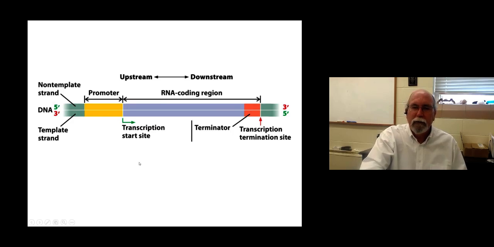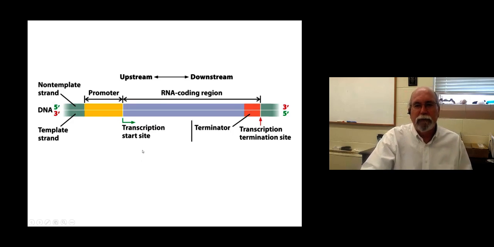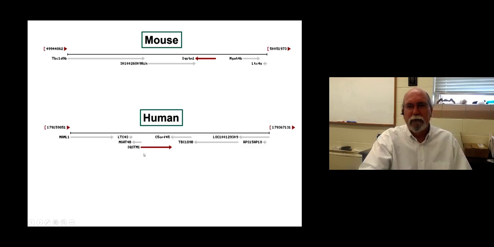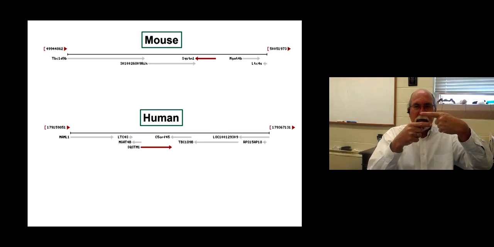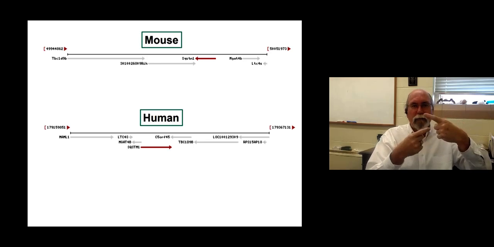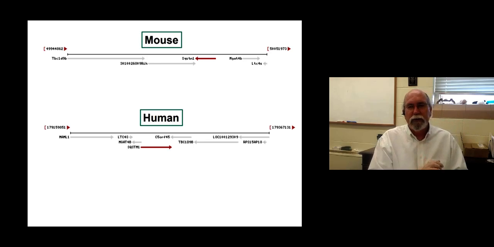Okay. Now, the last little thing I want to do is show you the real world. In the real world, remember you've got double-stranded DNA, right? It's anti-parallel. Well, it turns out that you can use one strand or you can use the other. Either one can produce message, can be the gene. And it can be really interesting. Here, we have my sequestrosome, my P62 gene that's found in a mouse.